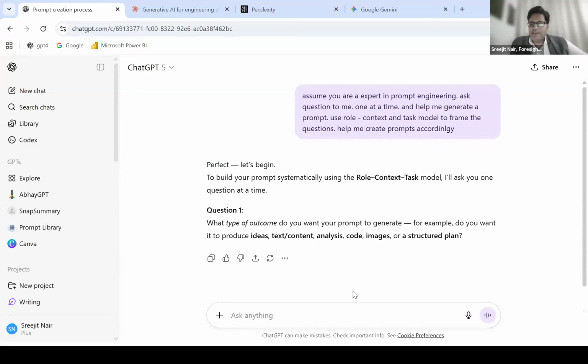So now it will start asking questions. What type of outcome do you prefer to generate? To produce ideas, text, analysis, code, images. So text, a 6-month plan to prepare for a robotics competition.